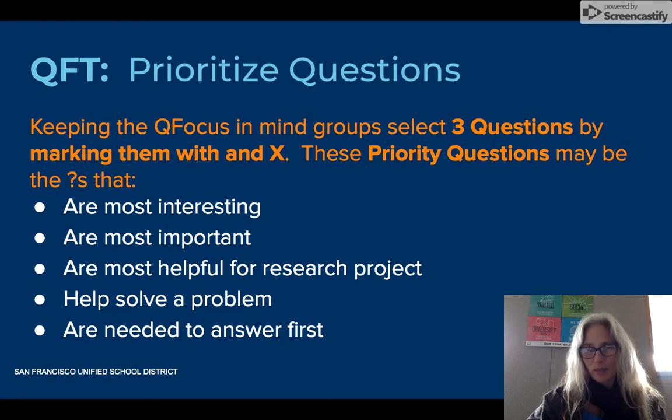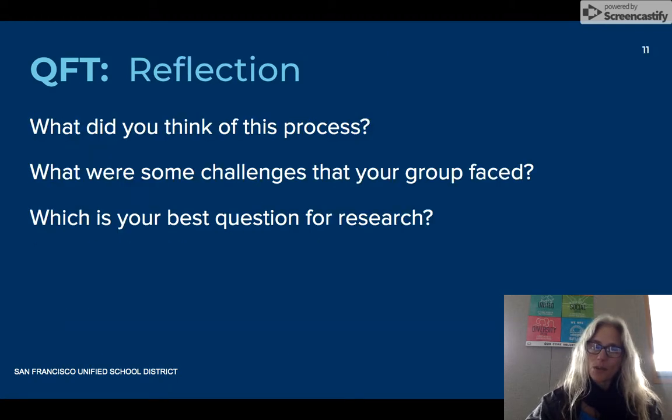Another follow-up and differentiation activity extension for this could be, okay, now that you've selected your highest priority question, how might you improve that question even further given your research and academic needs? So this QFT can really go very far for you, and it can be flexible across all of your curriculum.